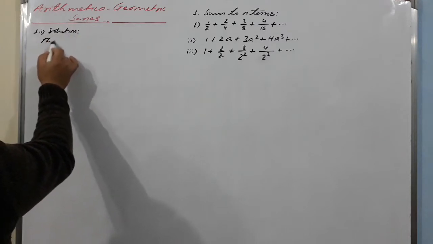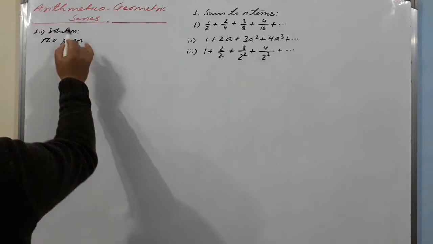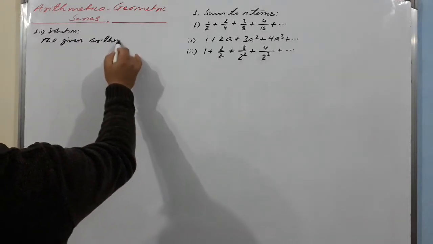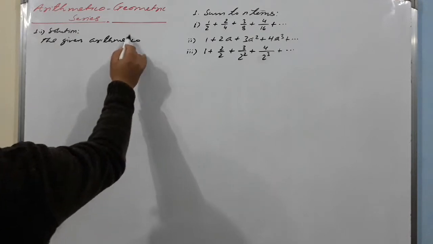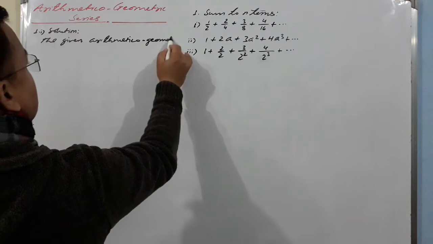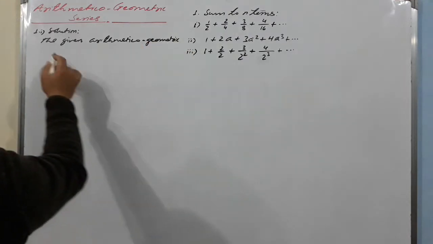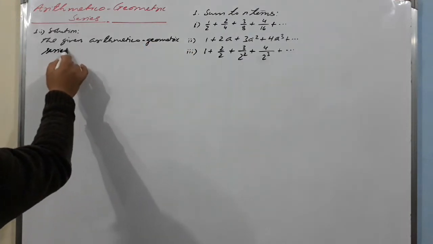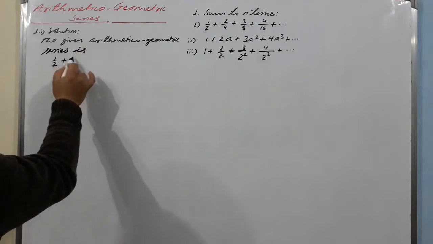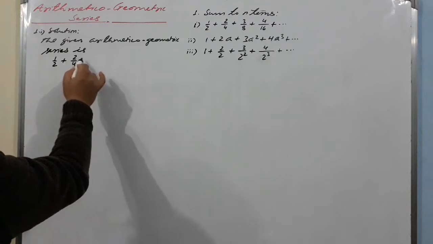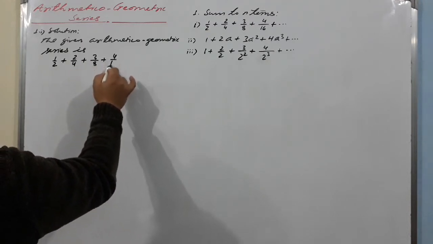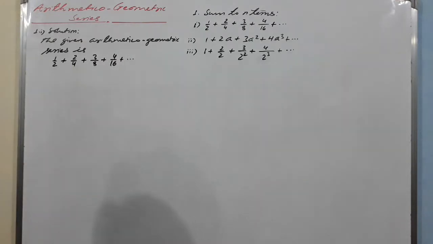Solution: the given arithmetico-geometric series is half plus 2 over 4 plus 3 over 8 plus 4 over 16 plus dot dot.